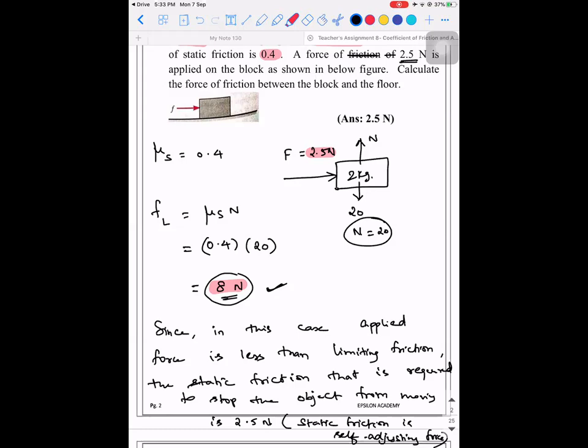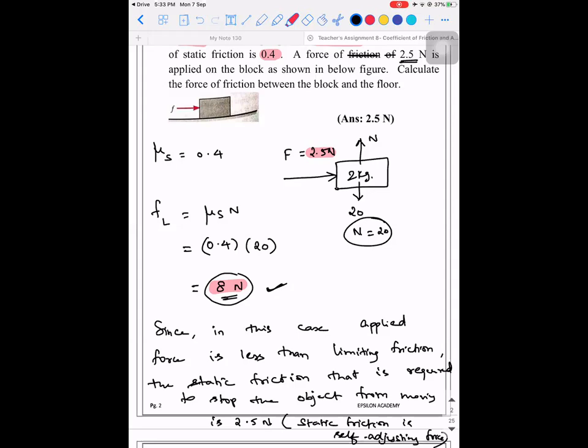Then why did we find that 8 Newton, sir? Because I need to know whether the limiting friction is greater than the applied force or less than the applied force. If the limiting friction is greater, then the answer is the applied force. If it is lesser, that will be the answer.